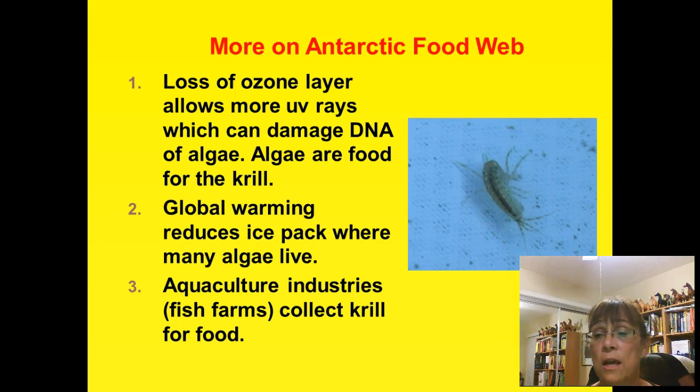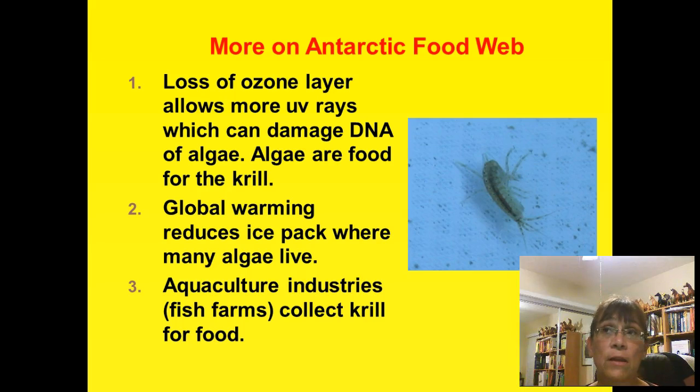And mutation in DNA can cause the algae not to reproduce correctly. Algae are the food for the krill. So if the algae aren't reproducing at a high enough rate, then the krill numbers are going to dwindle because there's not enough food for them.